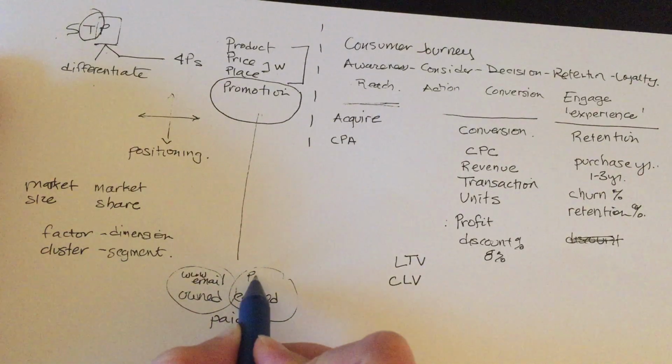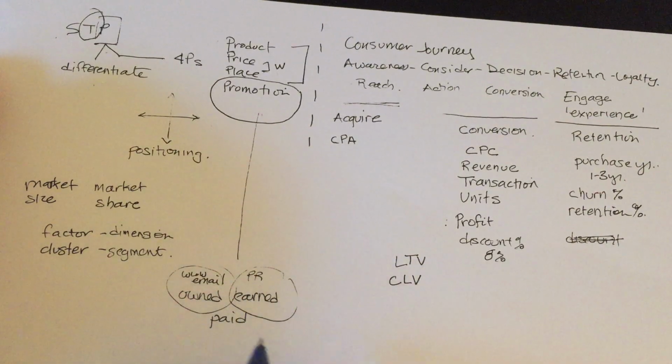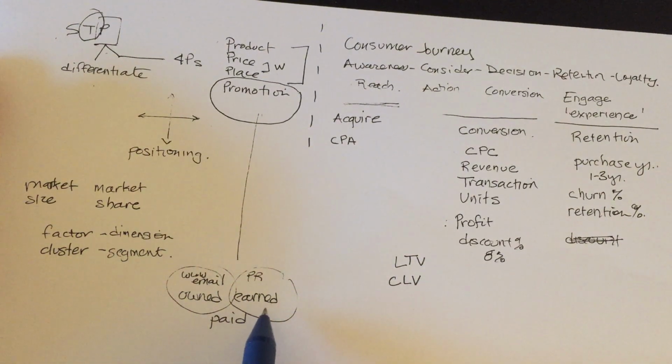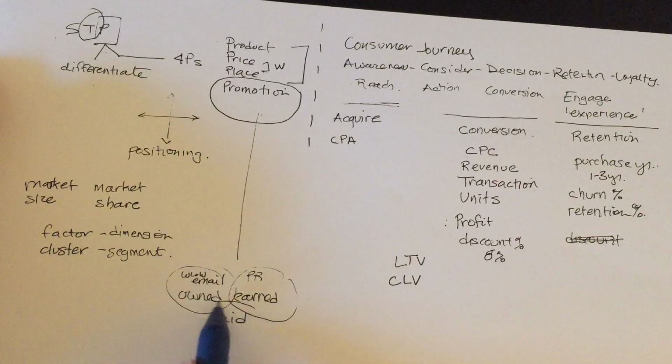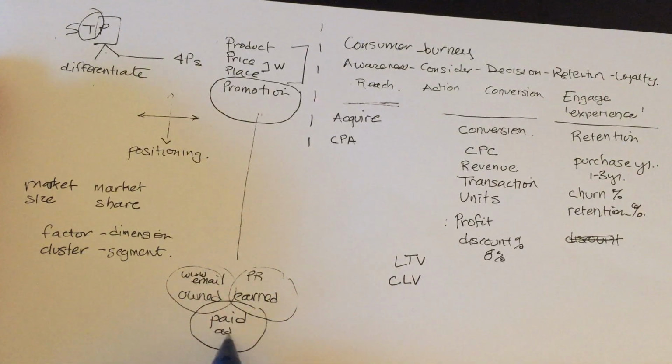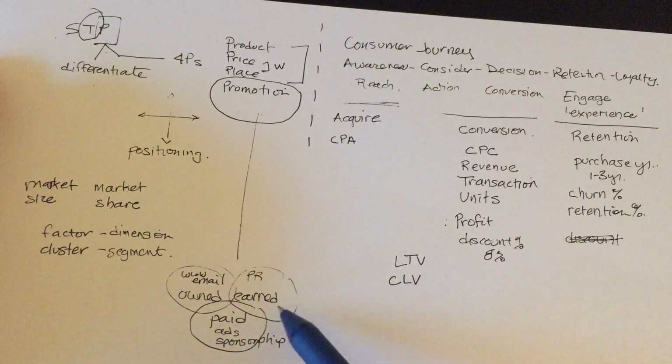Earned is about publicity, influencers. This is people writing things or saying things about us that we're not paying for. And then paid would include things like your ads and sponsorship. So where you're doing a sponsorship or influencer marketing, where you're paying people to talk about you, versus earned media, where they're talking about you because they just love your stuff.